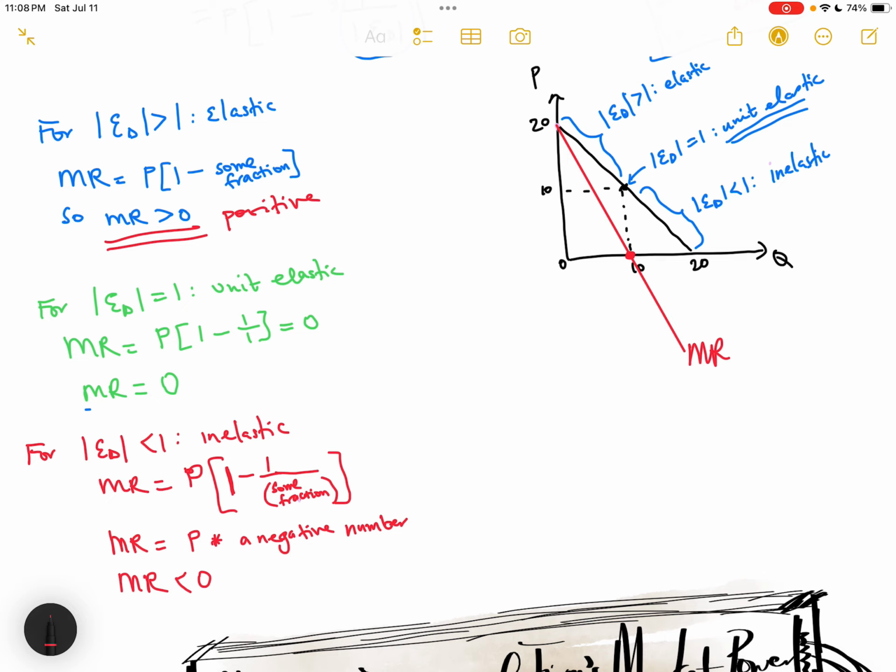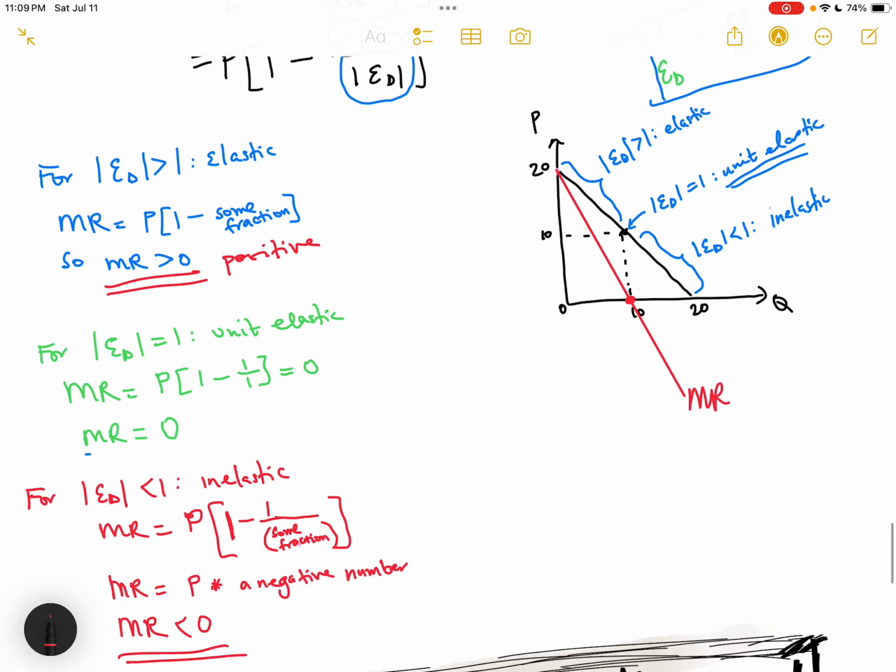So 1 over some fraction is a big number. 1 over a quarter is 4. So 1 minus a number bigger than 1 is negative, and price times a negative number makes the whole thing negative. And so marginal revenue is negative, which is why our marginal revenue falls below the Q axis right here on your graph.